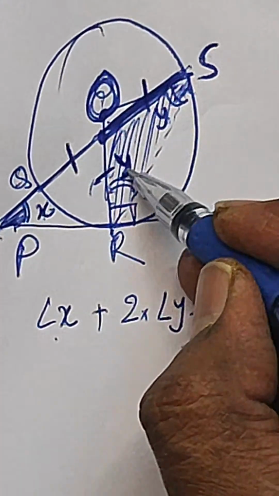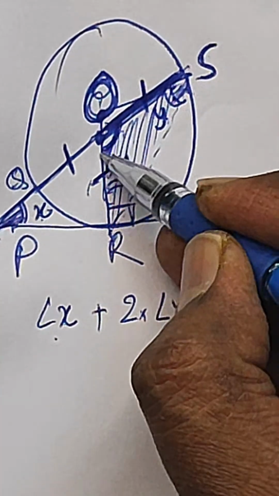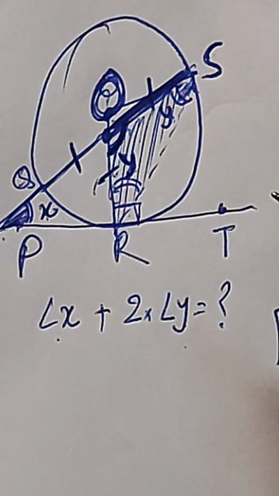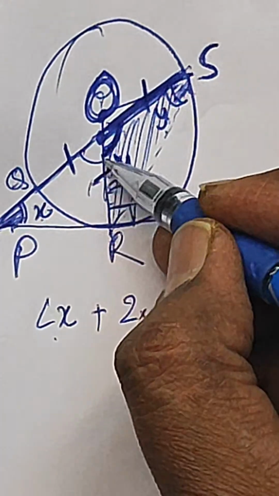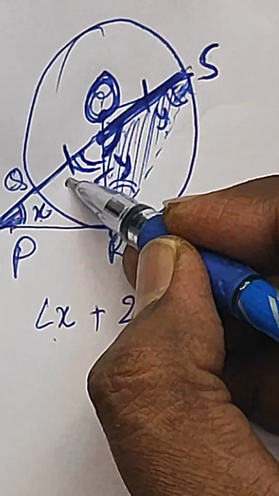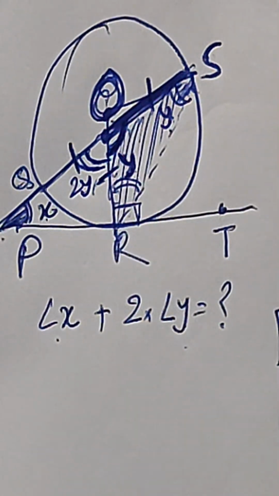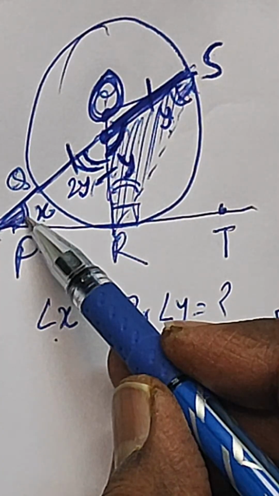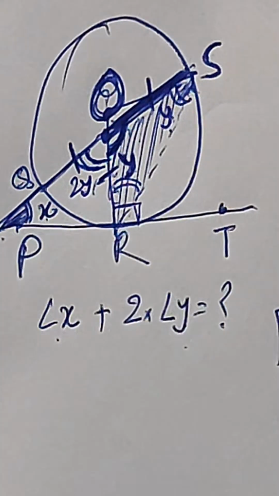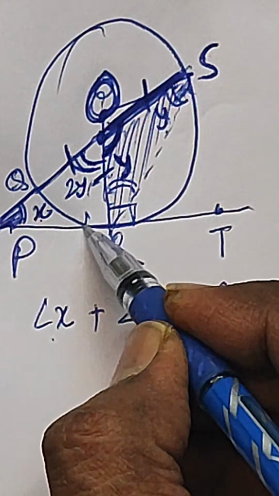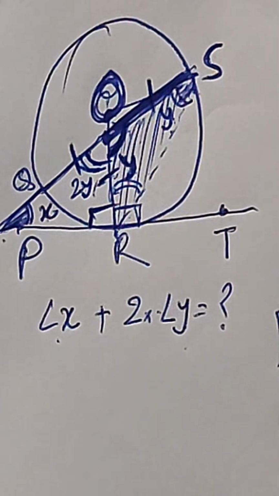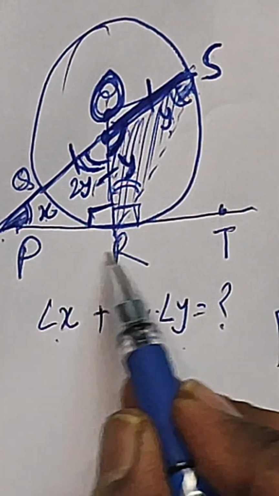If this is Y, then what is the value of this angle? 180 minus 2Y. And definitely this angle will become 2Y, right? So X plus 2Y, plus this angle, will be equal to 180 degrees, isn't it? Because PRT is the tangent.